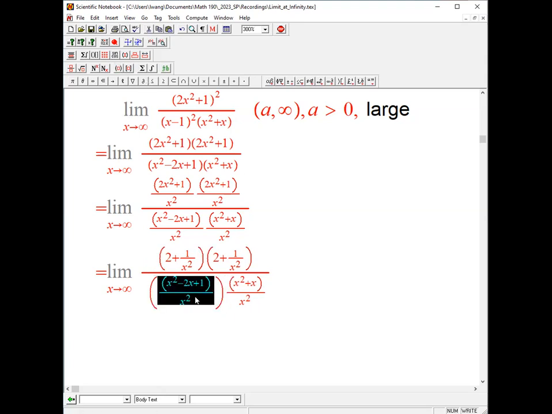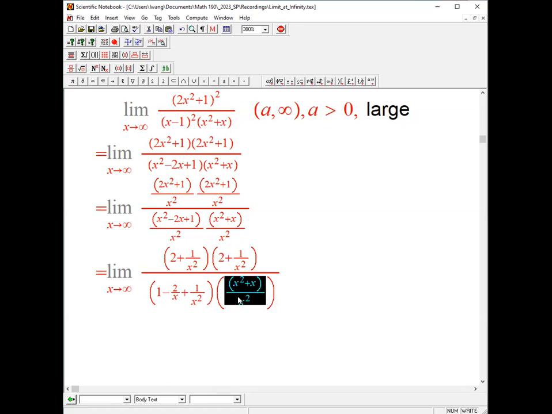So I will have 1 minus 2 over x plus 1 over x squared. And on this piece, it's also similar. So I will get 1 plus 1 over x.